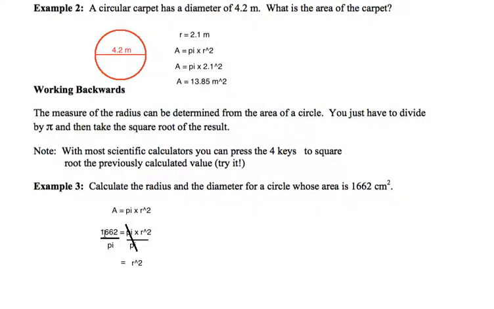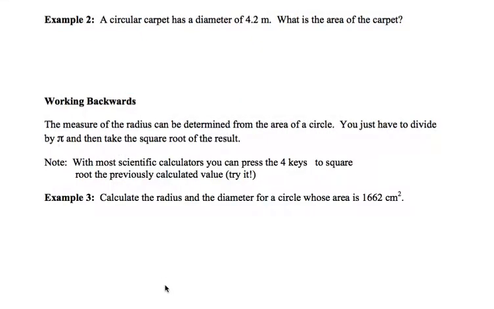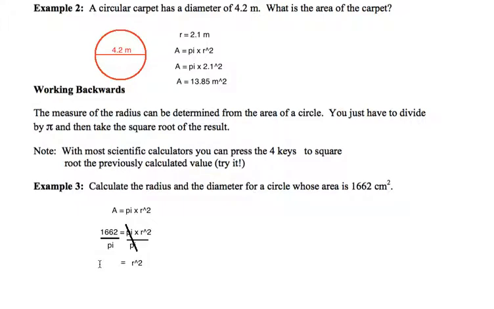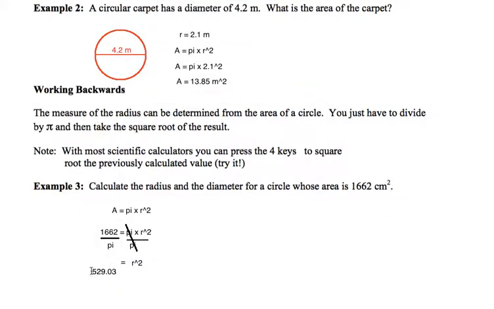And here I have 1,662 divided by pi. So I break out my calculator. 1,662 divided by pi gives me about 529.03. Since I'm trying to find the radius here, my next step is going to be to square root both sides. Right?